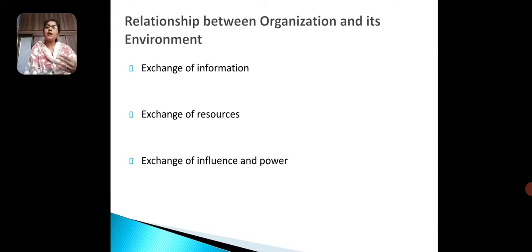Same way, the company also has to give information to its environment, maybe through its advertisements, its publications, its company financial reports. Even this gives information to the general public, to the shareholders, to the prospective shareholders, to the government, about how the company is actually operating, what its financial position is, and what the result of its business operations is.